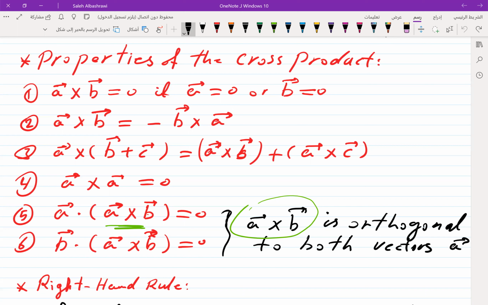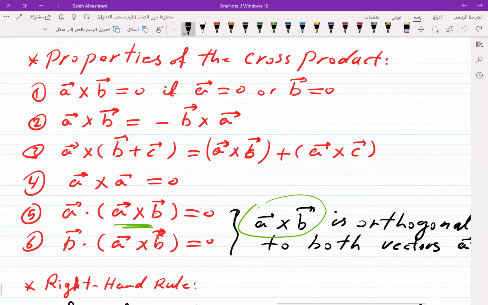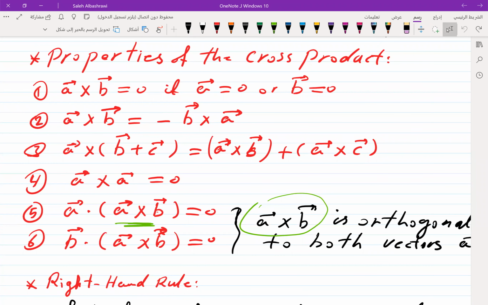For the fifth and sixth property, we said that A cross B is orthogonal to both vectors A and B. A dot (A cross B) equals 0 means A is orthogonal to A cross B, and B dot (A cross B) means that the cross product is also orthogonal to the vector B.